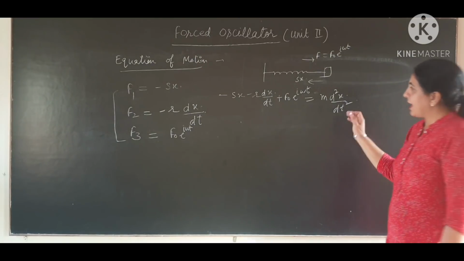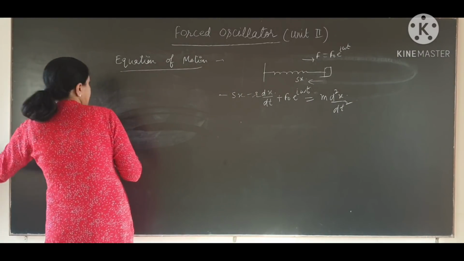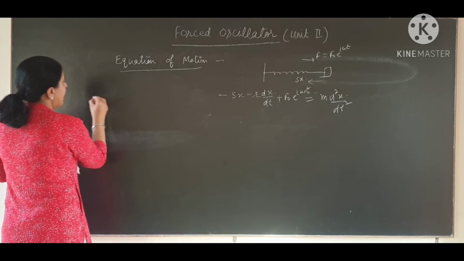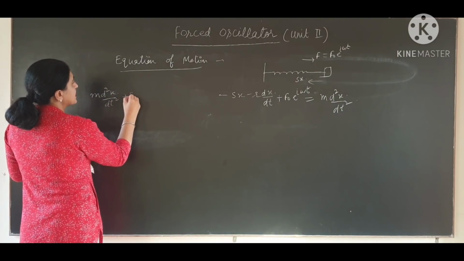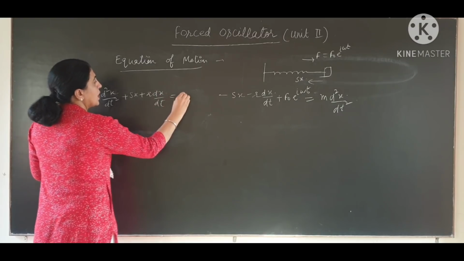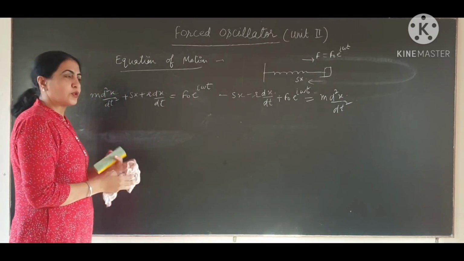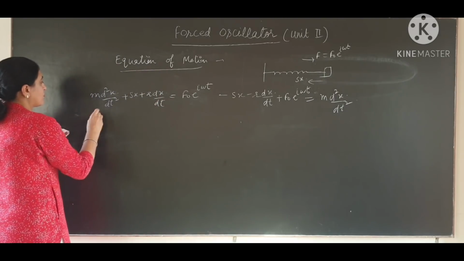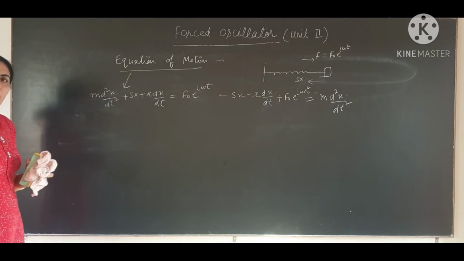So the equation of motion is m d squared x by dt squared plus R dx by dt plus Sx is equal to F naught e raised to the power iota omega t. This is the equation of motion for a forced mechanical oscillator.